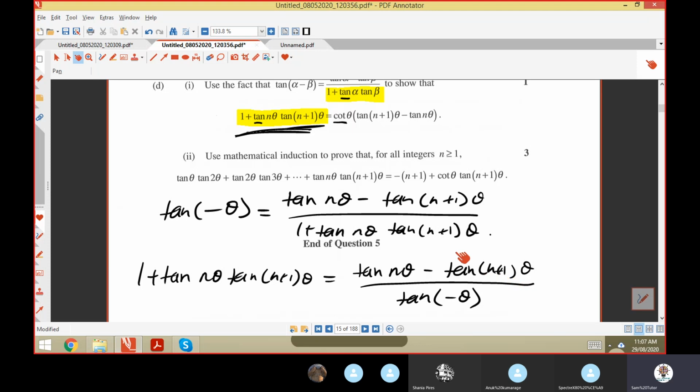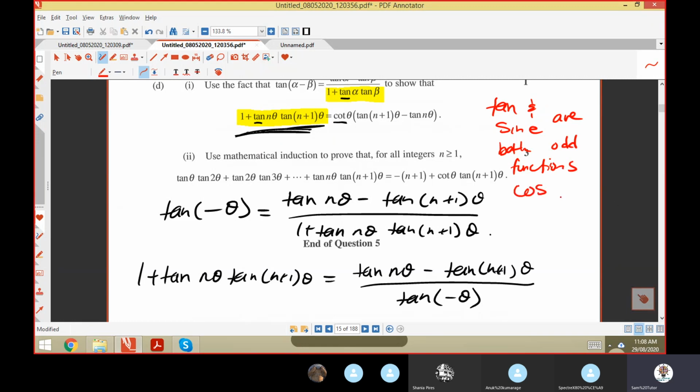And this is a very, very small detail, which probably 99% of the state wouldn't know or wouldn't remember, because it's not a big component. Tan and sine are both odd functions.